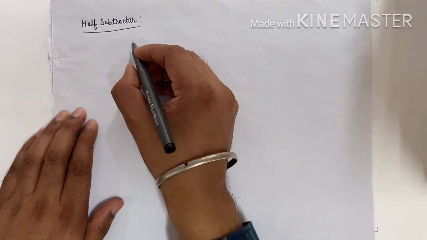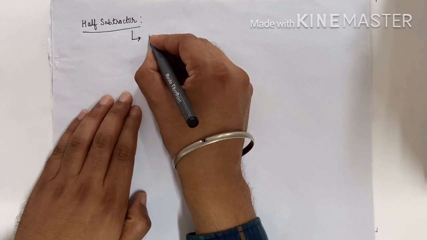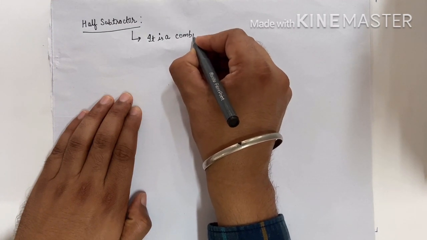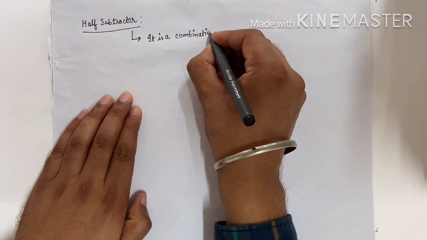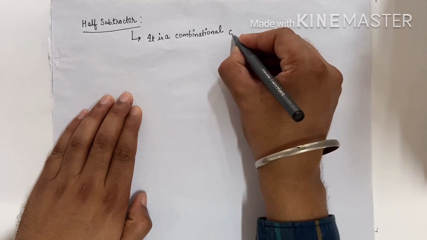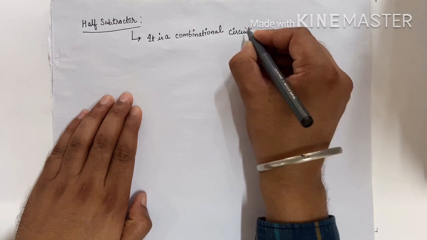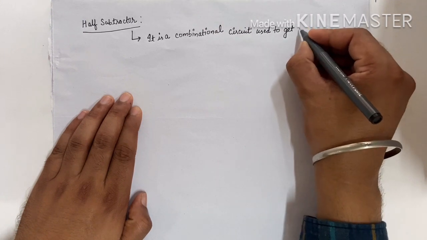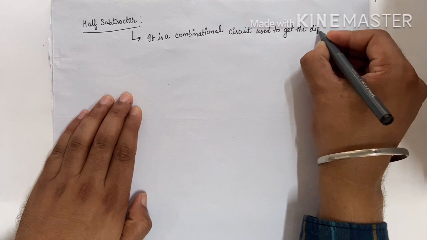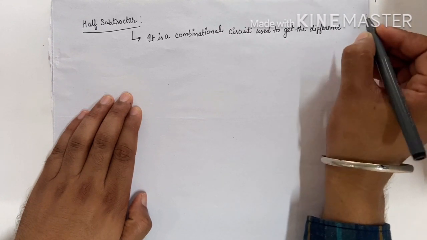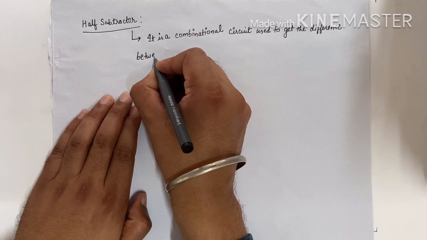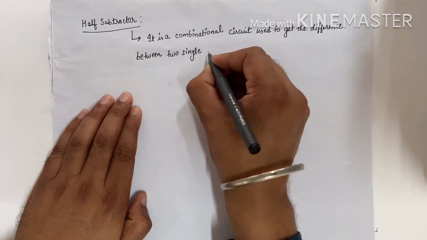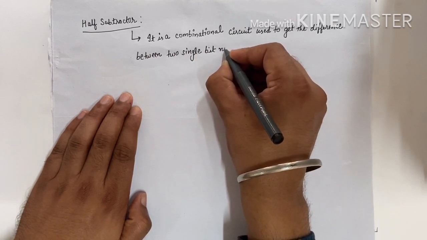Half subtractor means it is a combinational circuit used to get the difference between two single bit number.